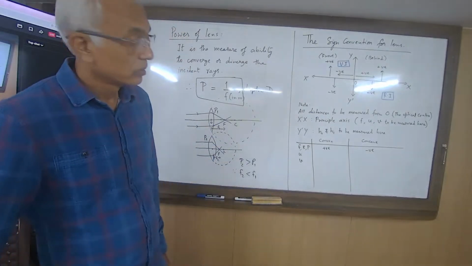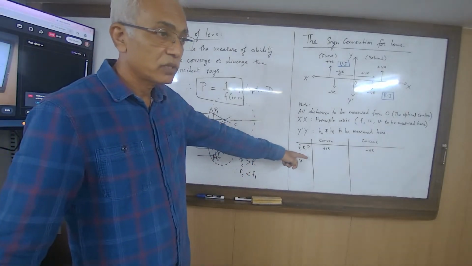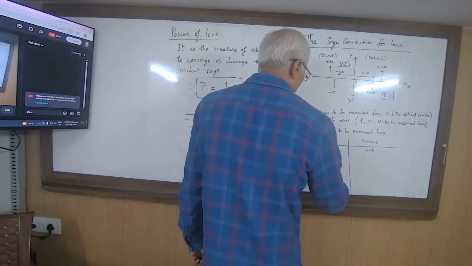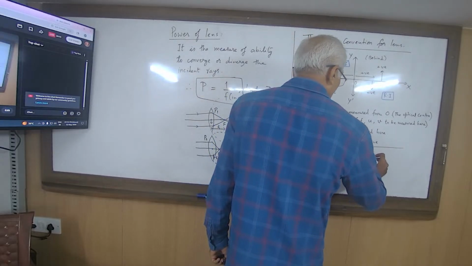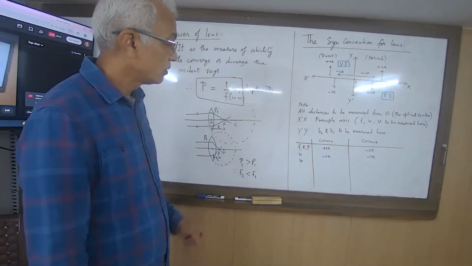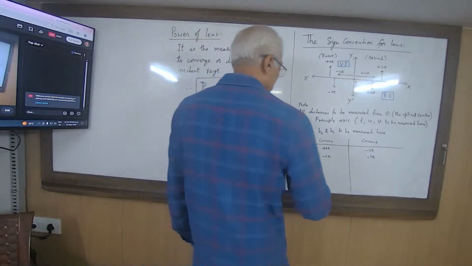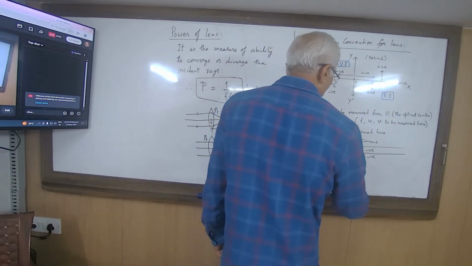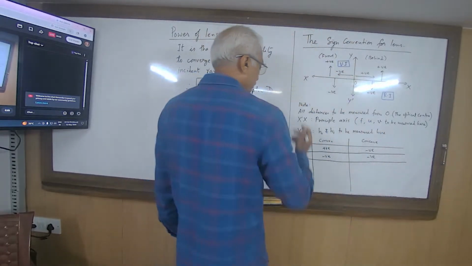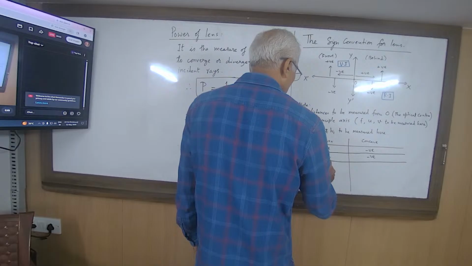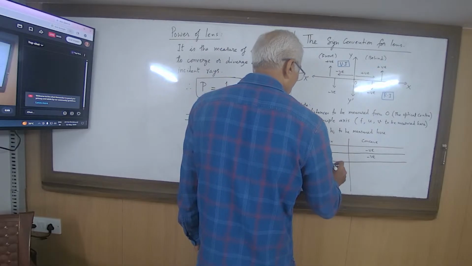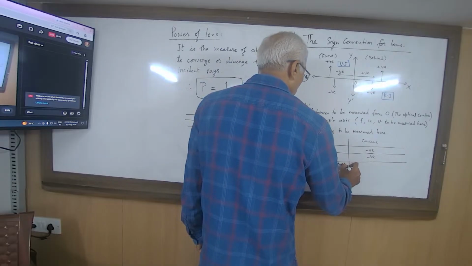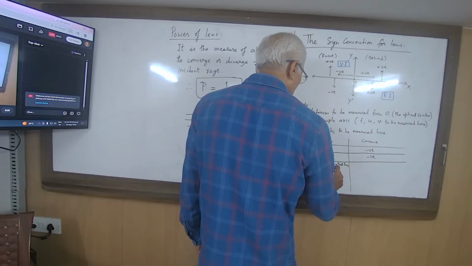Sign of focal length, radius of curvature, power will be positive for convex, negative for concave. U is negative for both, always. V का क्या होगा? For virtual image, negative; positive for real.